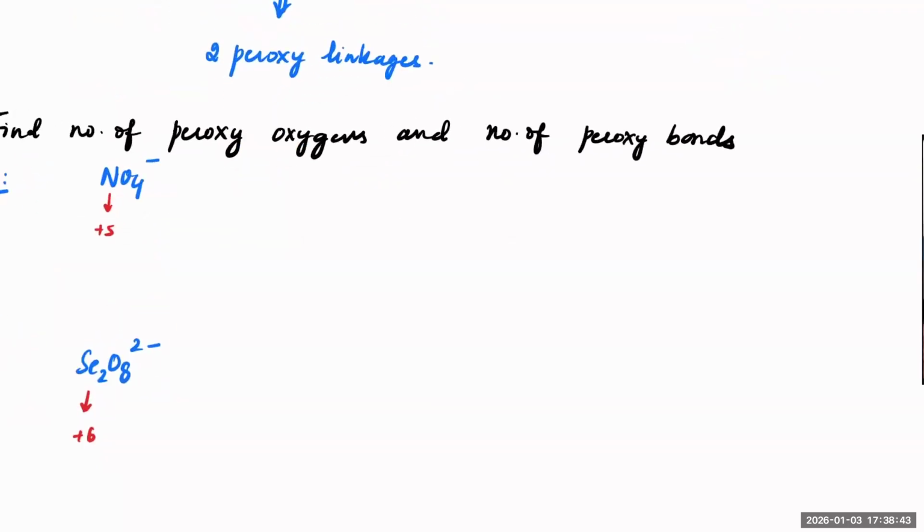In the case of the first one, plus 5 plus x into minus 1 plus (4 minus x) into minus 2, overall equal to minus 1. This is what I'm sure you should have got. So we got 5 minus x minus 8 plus 2x equal to minus 1.